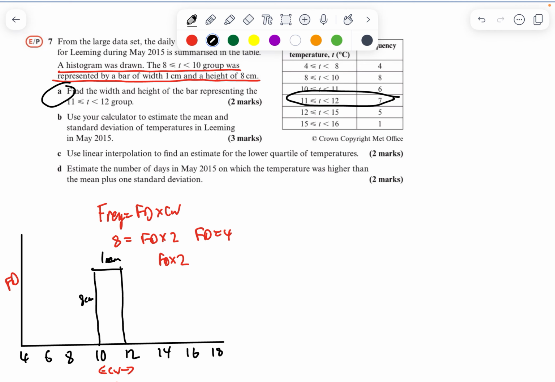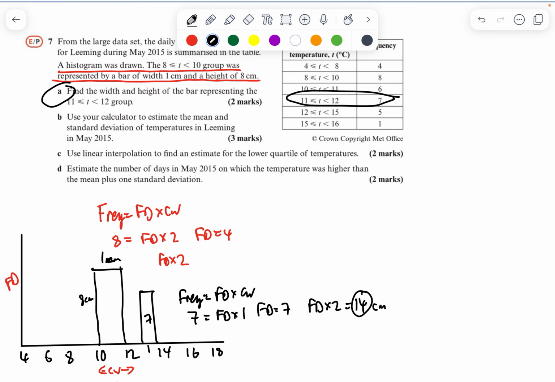So that means that if the width is 1 and the area is equal to 7, then our frequency density, because remember frequency equals frequency density times class width, so 7 is equal to the frequency density times 1, so the frequency density equals 7, but we need to use our factor of 2, and therefore we get a height of 14 centimeters.